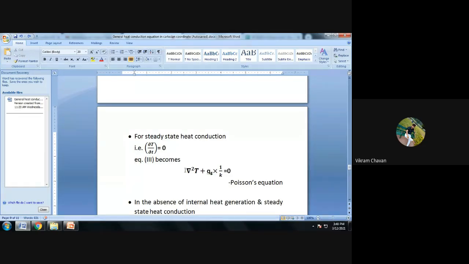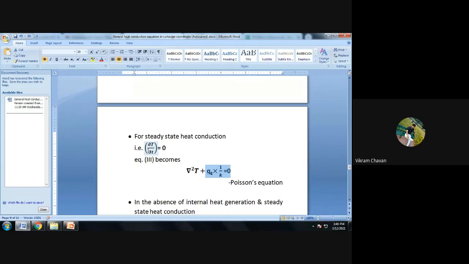This complete equation is called Poisson's equation. Remember the condition: the heat conduction is steady state heat conduction. In that case, the temperature change with respect to time is equal to 0.